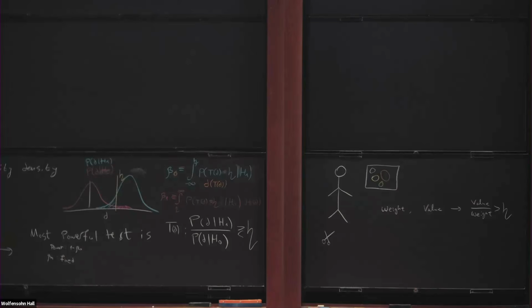Wait, I said robber. Maybe it's a statistician. So if this guy is a statistician, and those are events, data equals 0, data equals 1, data equals 2, and they have different value, as in the probability that they actually belong to H1, and they have different weight, which is the probability that they belong to H0. So what is it that we need to do?